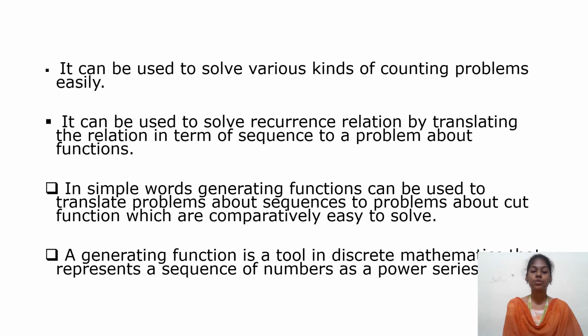They can be used to solve various kinds of counting problems easily. They solve recurrence relations by translating the relation in terms of sequences to a problem about functions. In simple words, generating functions translate problems about sequences to problems about functions, which are comparatively easy to solve.